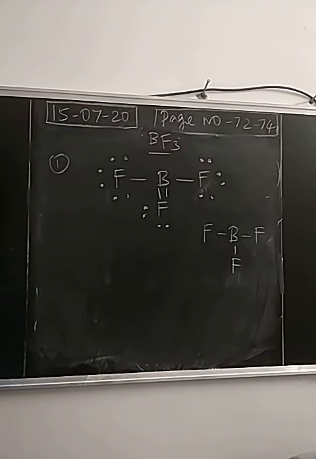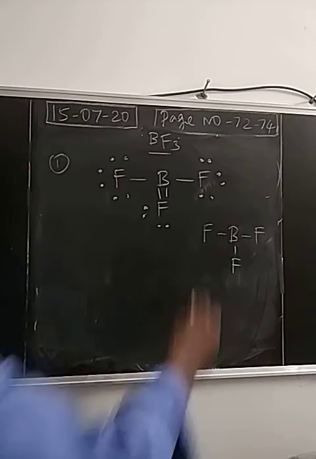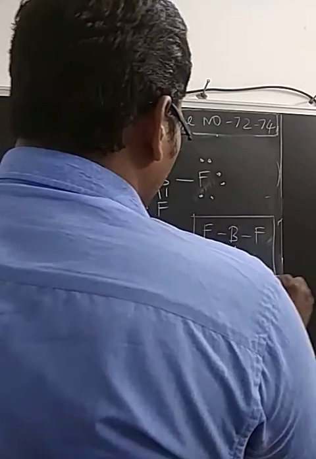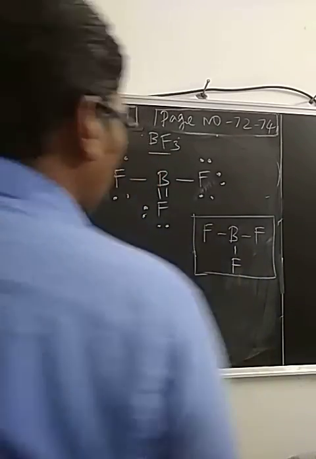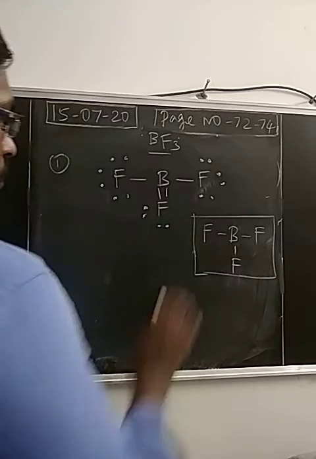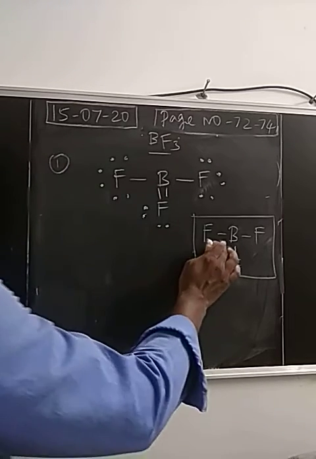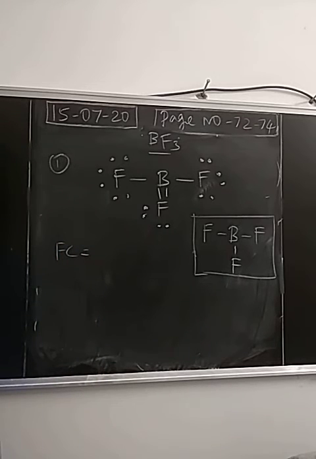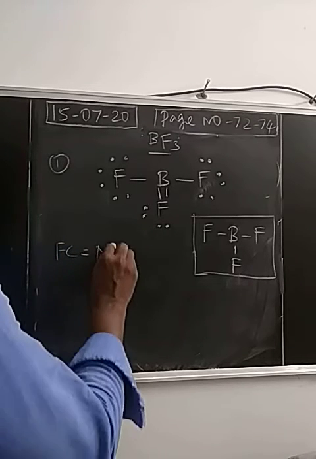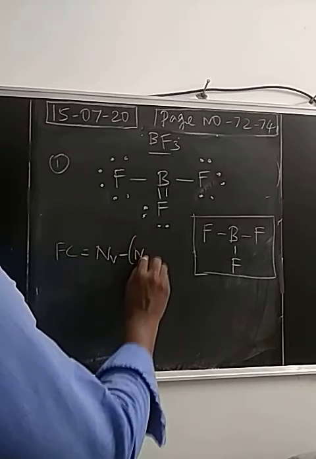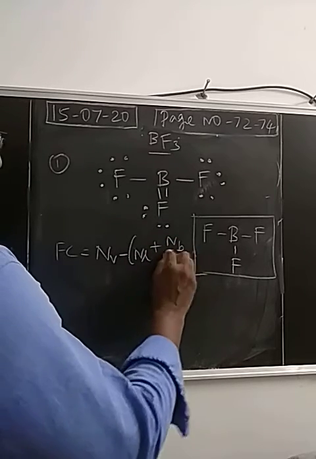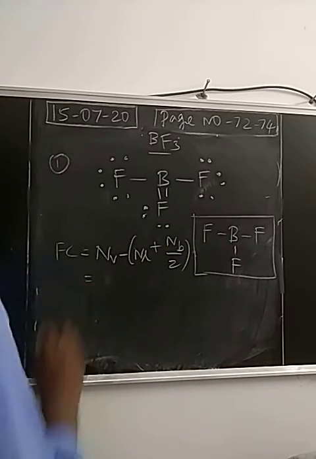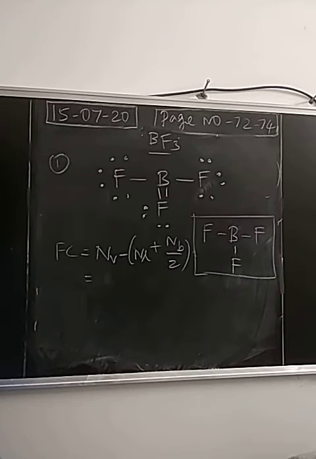Now we are going to calculate formal charge. First consider this one. Formal charge on the central atom boron. Nv minus Nl plus Nb by 2 is the formula. Number of valence electrons, 3. Right? 1s2, 2s2, 2p1.